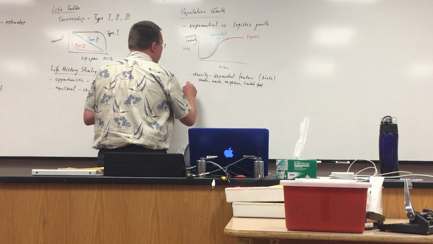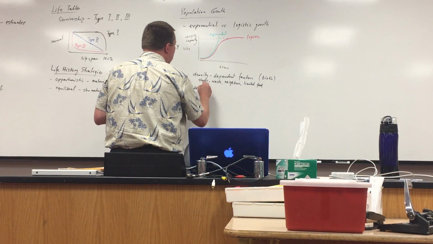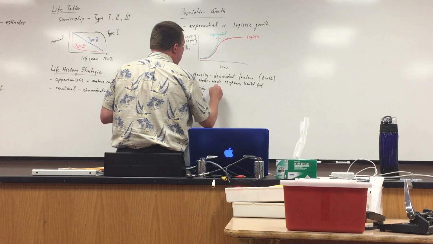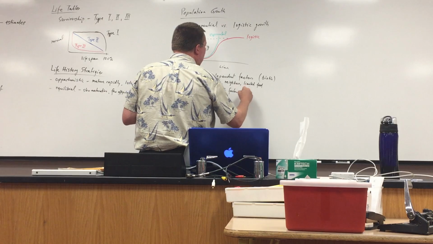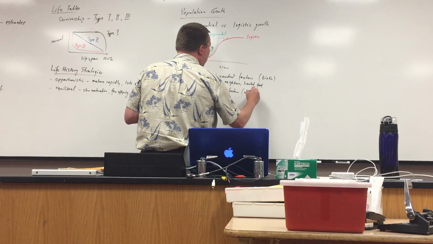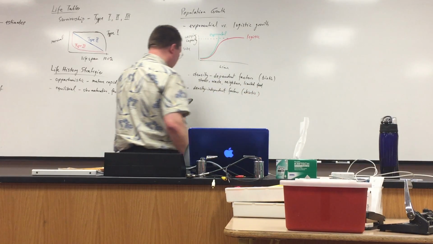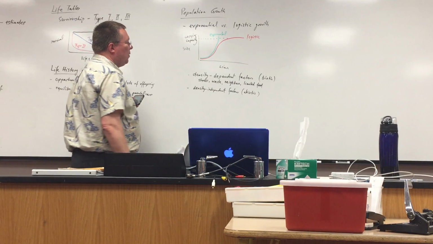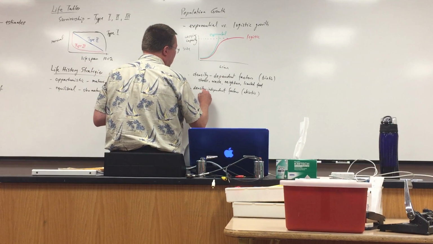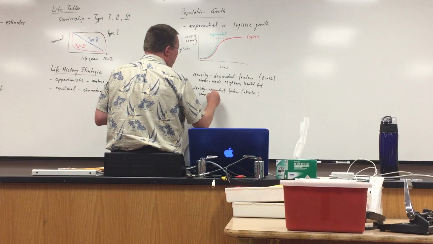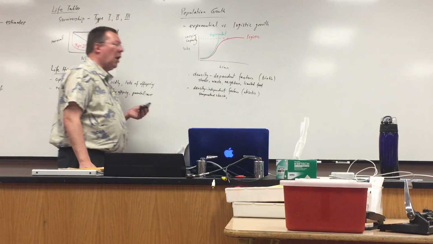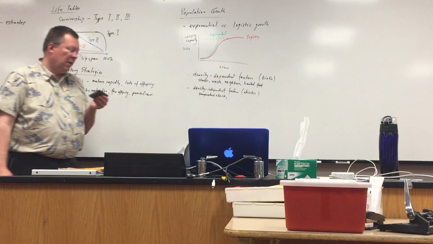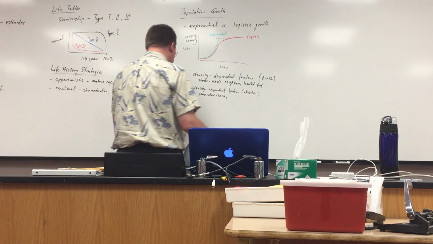Then there are also density independent factors, which are primarily abiotic. And these will include things like sudden temperature changes. So temperature shock could be one of the key things that's a density independent factor.